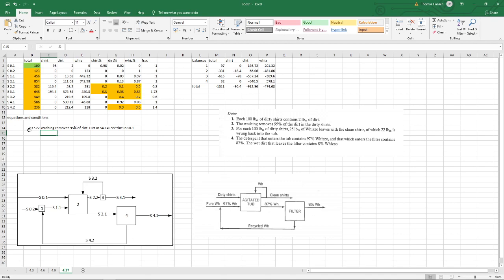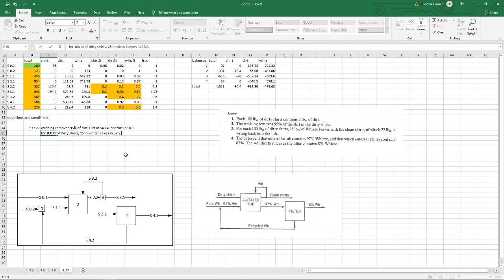The next information I have decided to add is that for every 100 pounds of dirty shirts, 25 pounds of Wizzo leaves in 2,2. So that is in stream 2,2, I have this amount of Wizzo leaving.